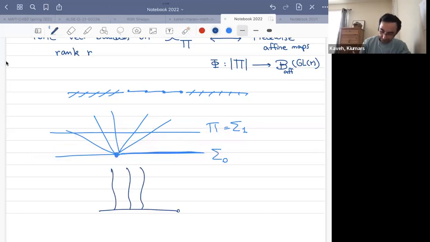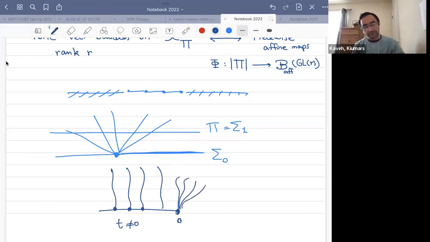The generic fibers are your family, and then there is the special fiber at 0. It's like you have a variety over Laurent series, but you can let t equal 0. When t is not equal to 0, your variety is a toric variety. When t goes to 0, it decomposes into a union of toric varieties.